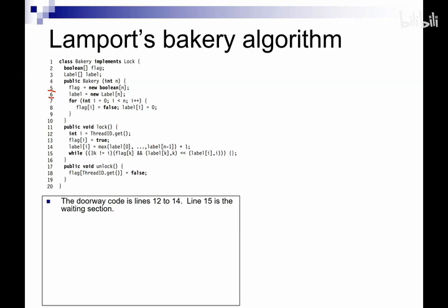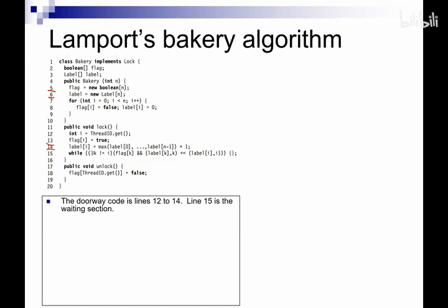Basically what's going to happen is I'm going to do two things to get into the critical section. I'm going to raise my flag so people know I'm here, and then I'm going to get a label, and the label corresponds to my ticket. The smaller my label, the earlier my ticket is, the faster I get in. So here on line 13 I set my flag, and then I need my label.